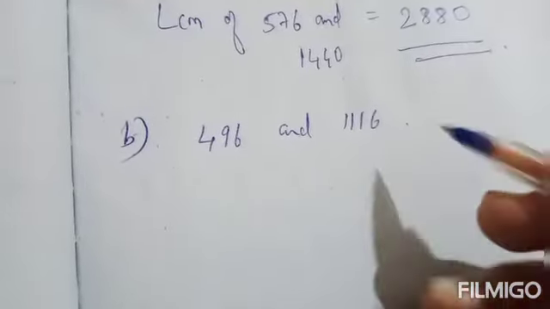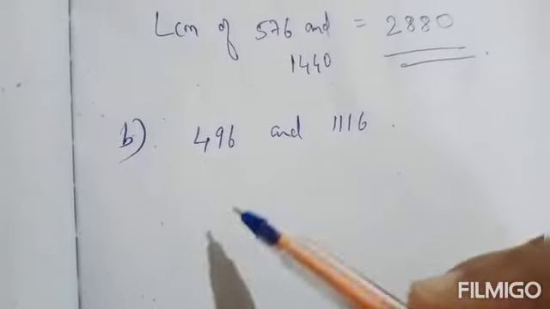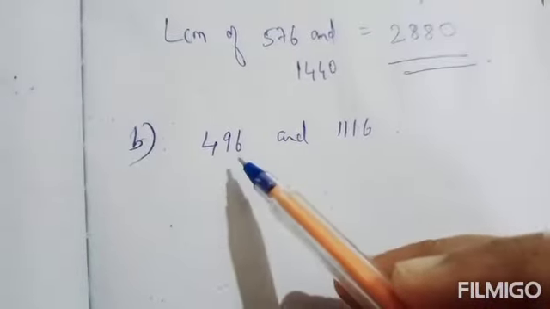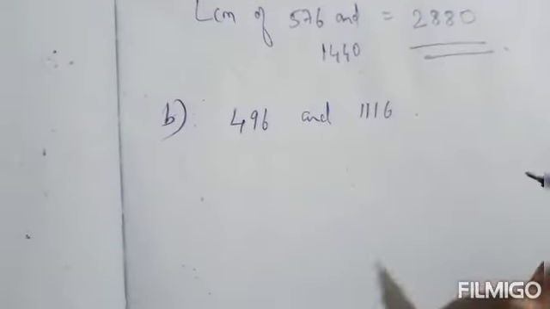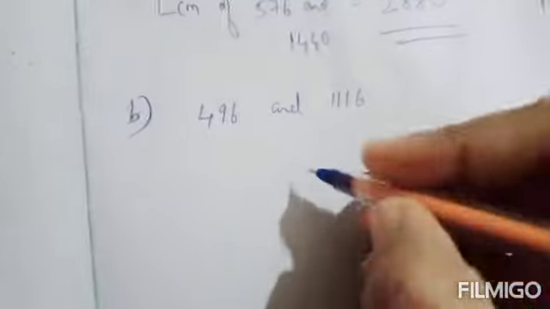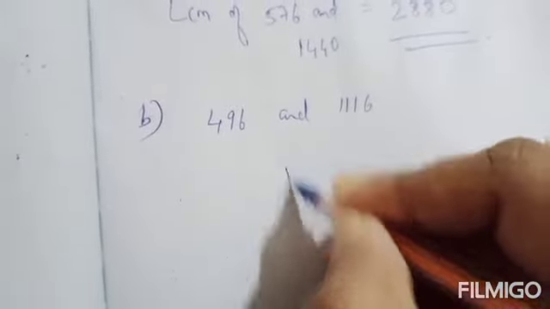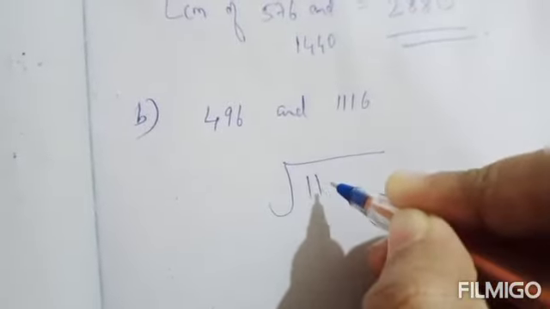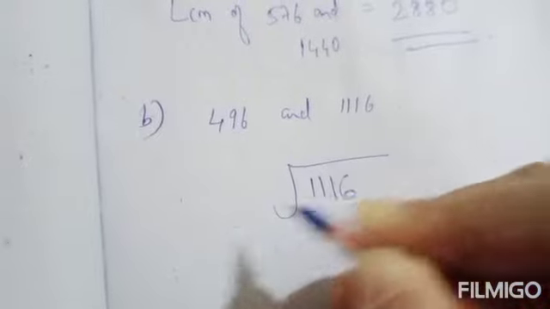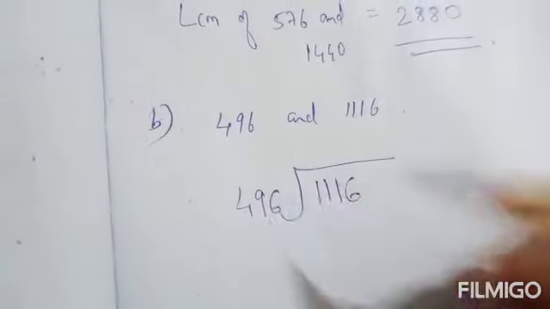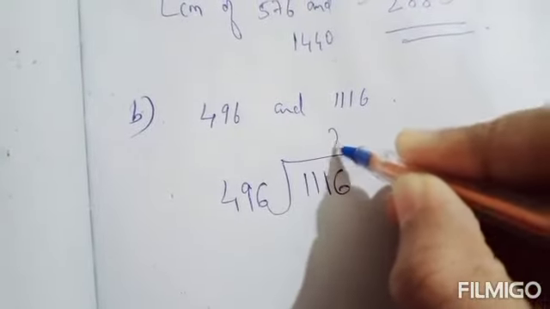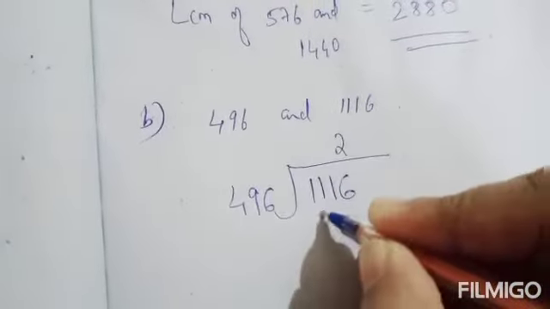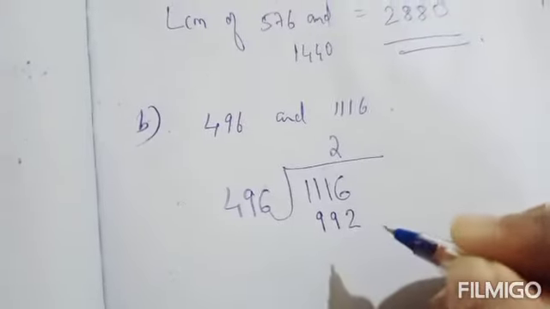Next B, 496 and 1116. So first you can find the HCF of 496 and 1116 by division method. Any method you can use. Let us use here division method. Okay, so 1116 divided by 496. So 496 into 2, it is 992.